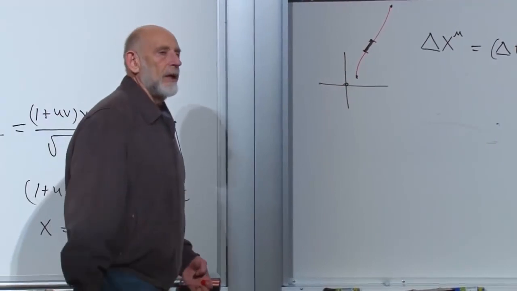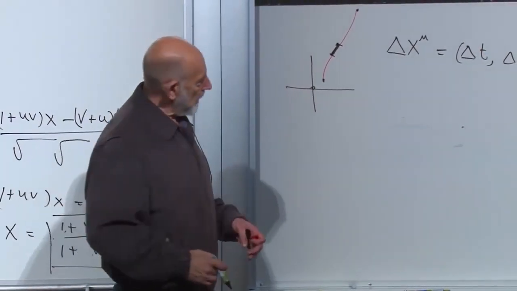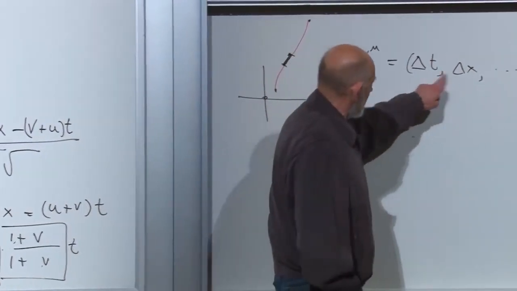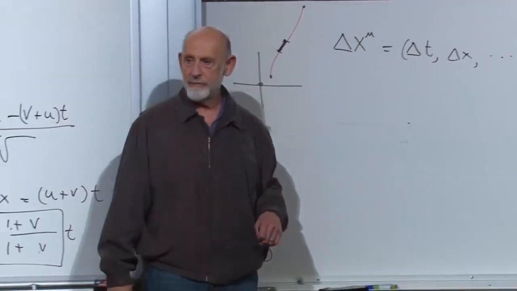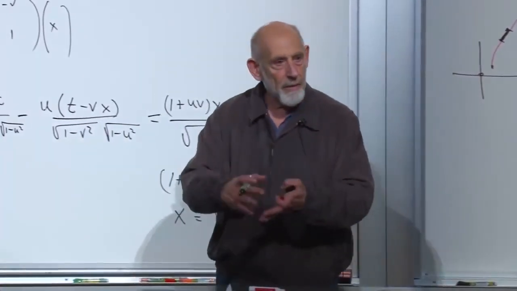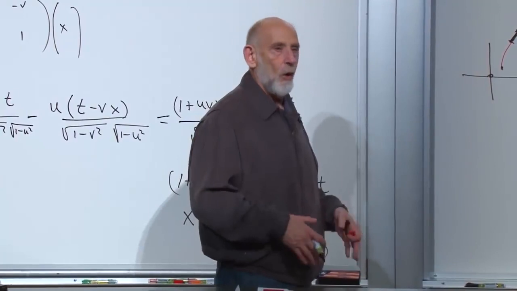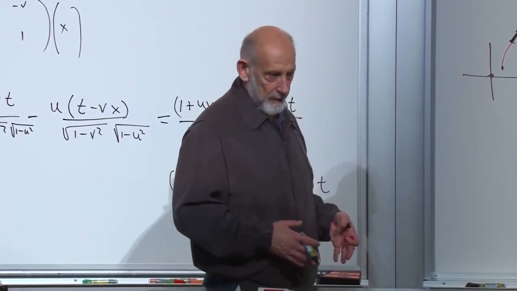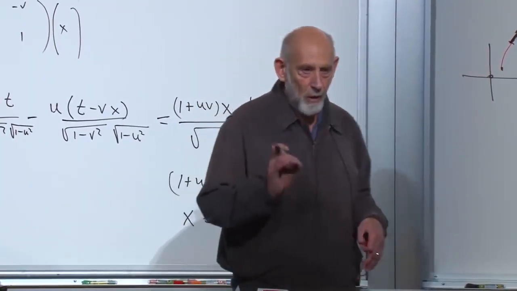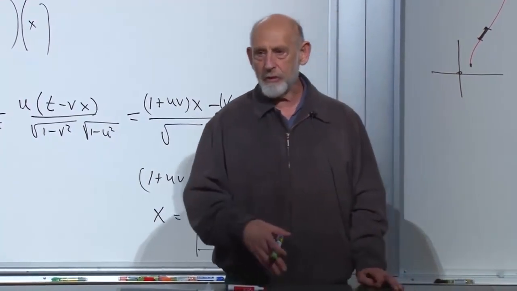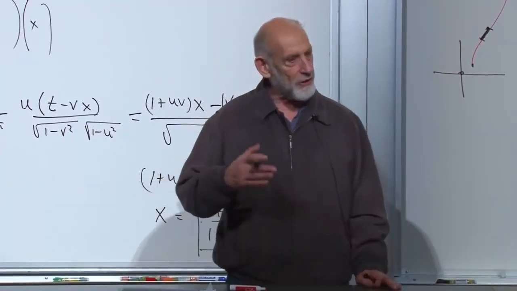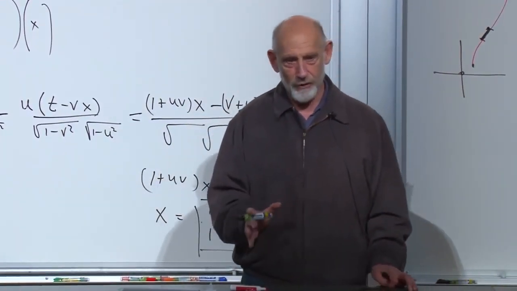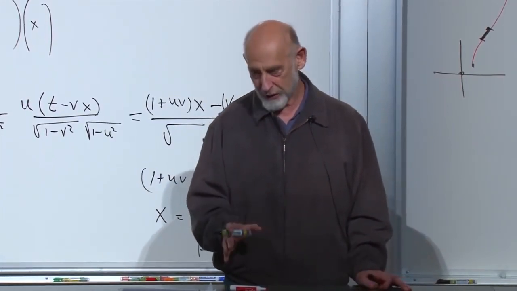If I were doing ordinary velocity, I would take a little delta x and divide it by a delta t, and then take the limit, and that would define ordinary velocity. That velocity has three components: the x component, the y component, and the z component. There is no fourth component of that ordinary velocity.